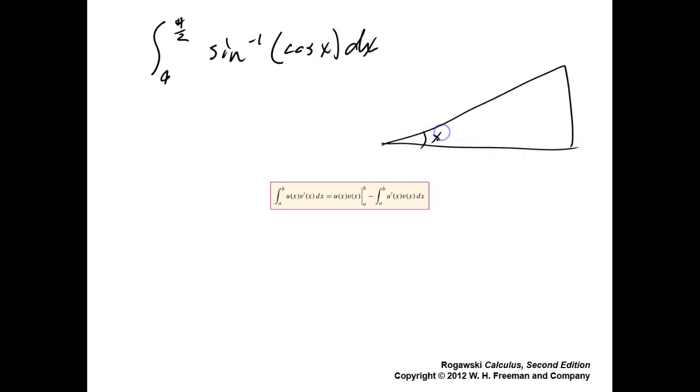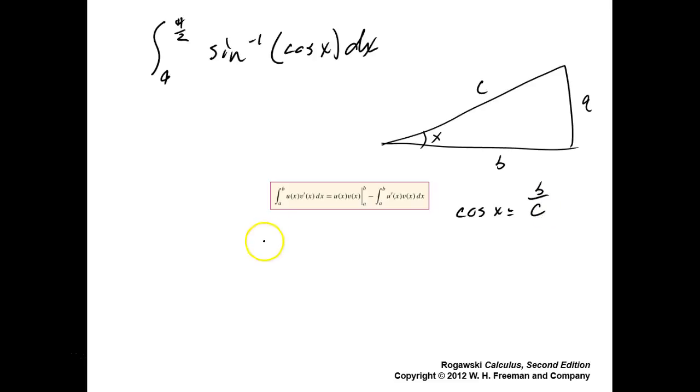I like to call my horizontal thing x, but I can't because that's my angle now, so let's call the sides A, B, and C. When we're talking about cosine x, that would be B over C.